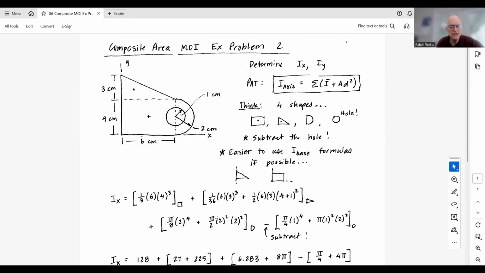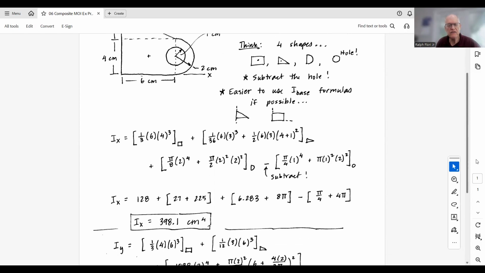So the area is pi r squared over 2, or pi times 2 squared over 2, and then 2 is the distance from that axis down to x, squared. And that's my half circle. Then finally, I subtract off the hole. So I subtract the I bar for the hole, which is pi over 4, r to the 4th, plus the area of the hole, which is pi r squared, times the distance squared from the center of the hole down here, which is 2 squared.